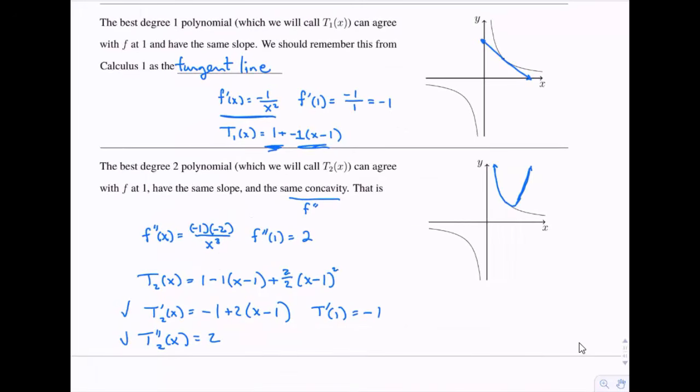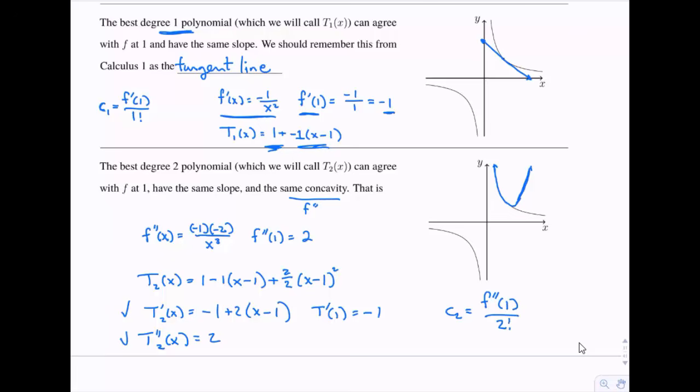So let's go back here and verify this formula, at least for the example that we're given. So degree 1 polynomial, if I wanted to calculate c sub 1 here, for instance, well, we hope that it's -1, right? So c sub 1 is supposed to be equal to the first derivative evaluated at a divided by 1 factorial, and indeed -1 divided by 1 factorial is -1.